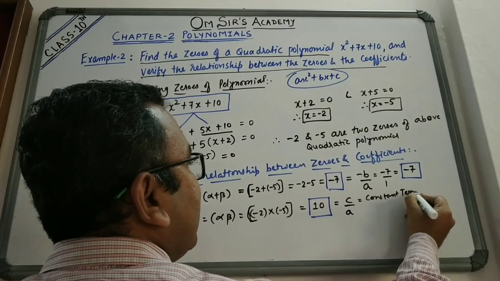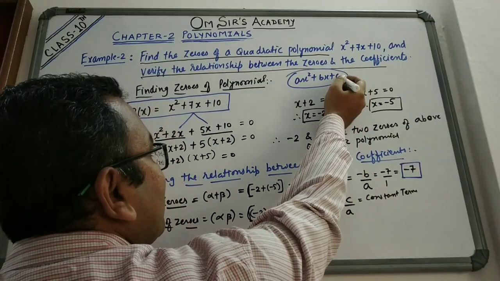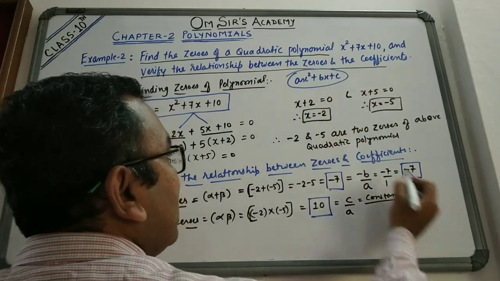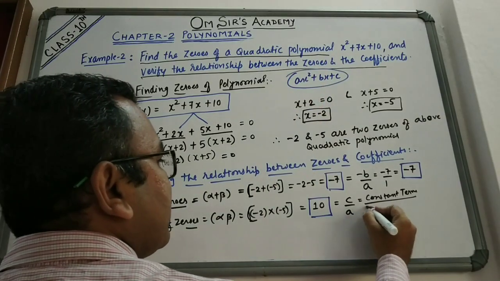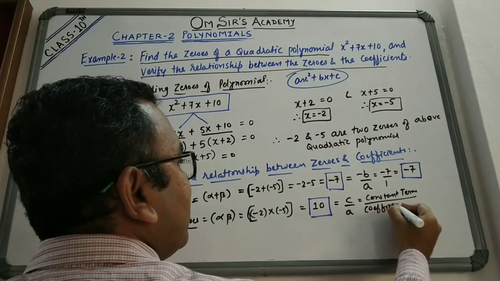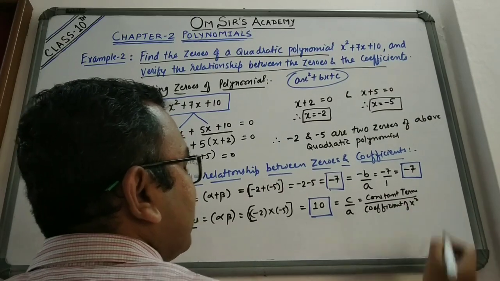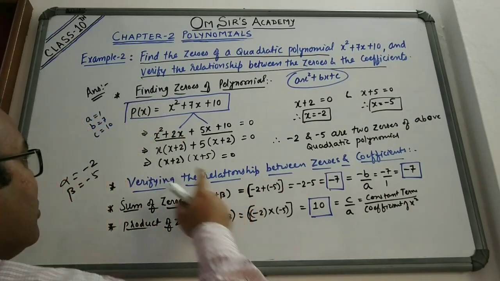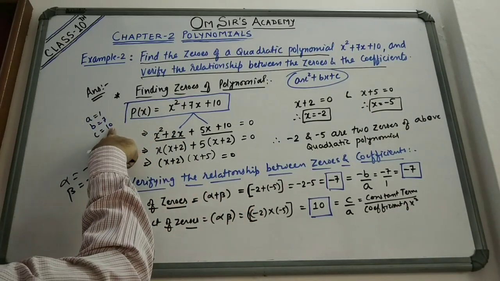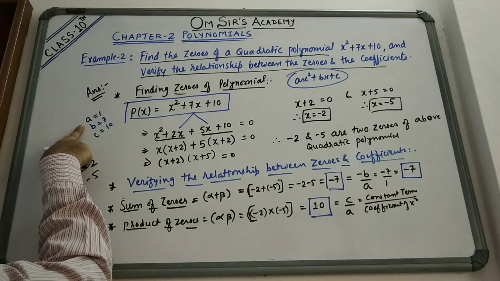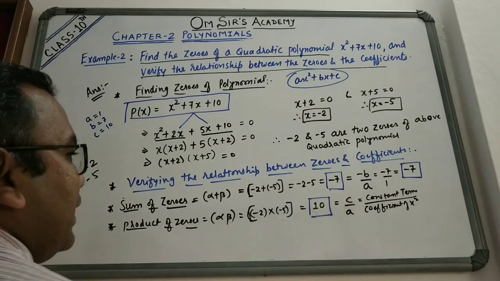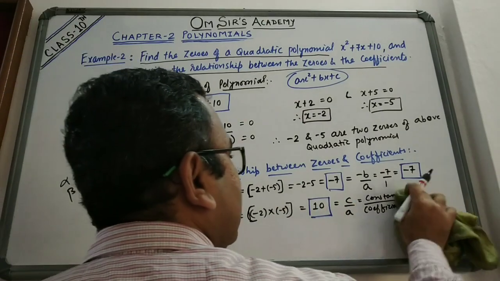In my standard form, what is c? Constant term. And what is a? A is the coefficient of x square. So here my constant term c is 10, and a is 1, so I'll write it as 10 upon 1. Is it clear?